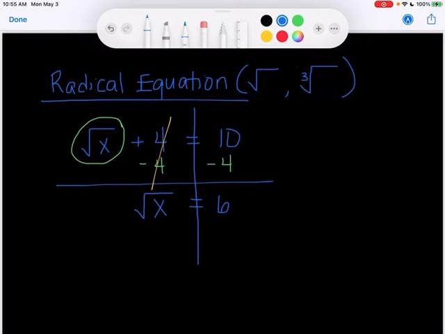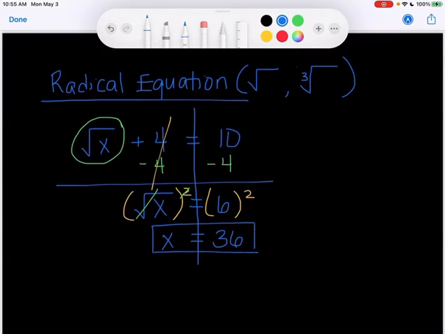So step 2 says to square both sides. This is a square root, so we need to square both sides. And the whole point here is that when you square a square root, they cancel each other out. And we just get x equals, well, 6 squared means 6 times 6, which is 36. All right, and then the last step is to check.